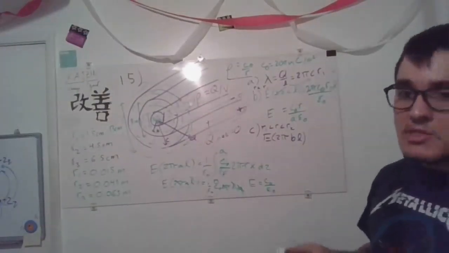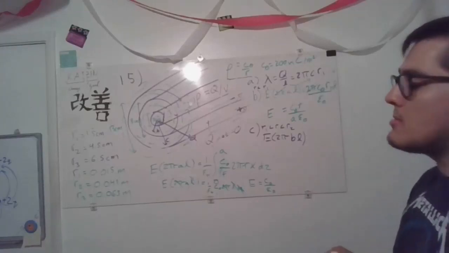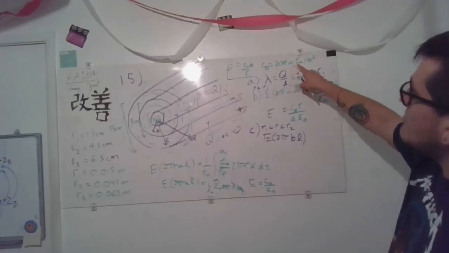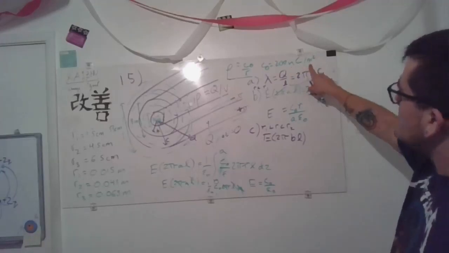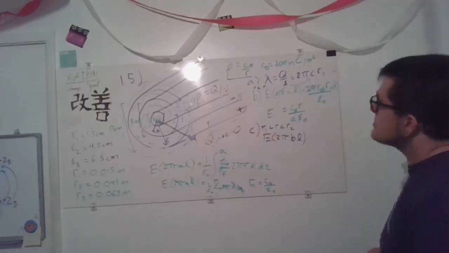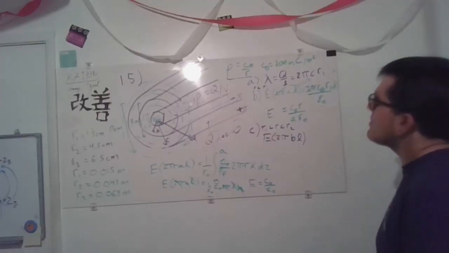What you can do, guys, is dimensional analysis. So C naught was given as nanocoulombs per meter squared, right? Nanocoulombs per meter squared. Yeah.